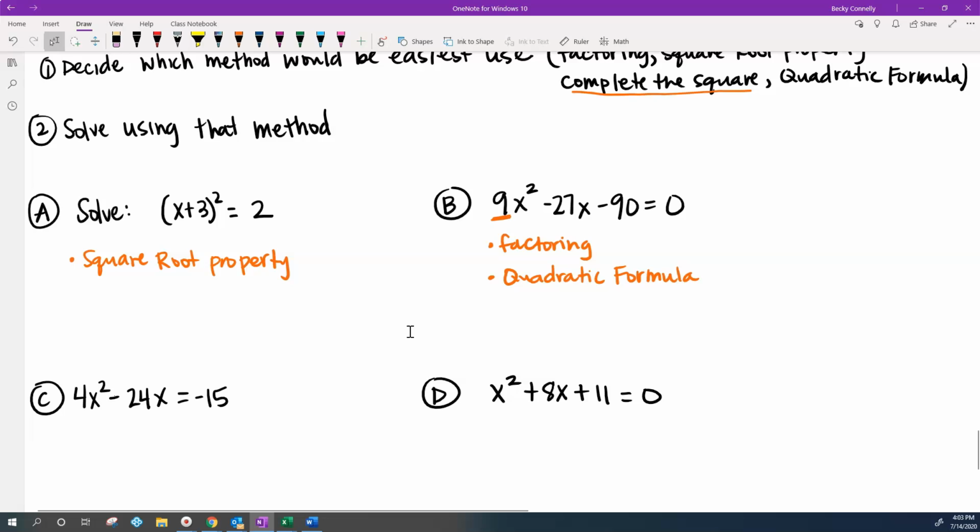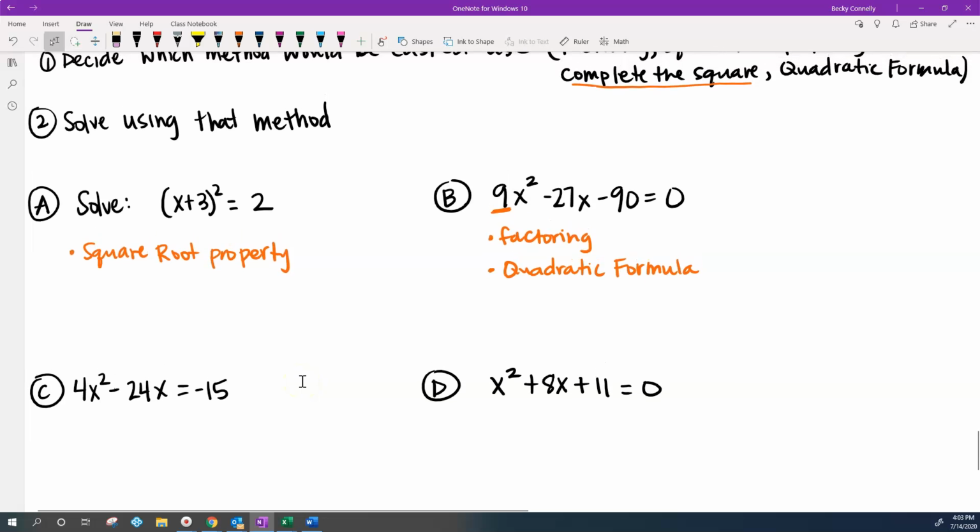Okay, what about part C? So yeah, I think the quadratic formula on this one would be the easiest. If you look to try and factor this, it's not going to end up factoring for one thing, and looking at it, it doesn't look very easy.